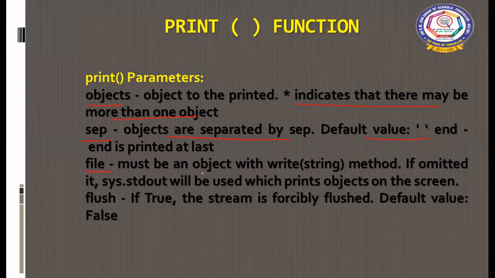File must be an object with a string method. If omitted, sys.stdout will be used, which prints the objects on the screen, that is, through your console output. Flush: if it is true, the stream is fully flushed. By default, it is false.